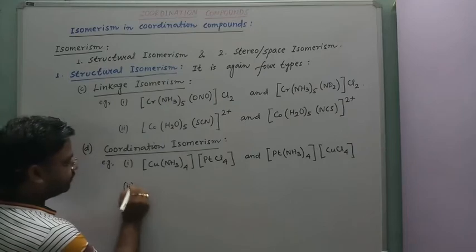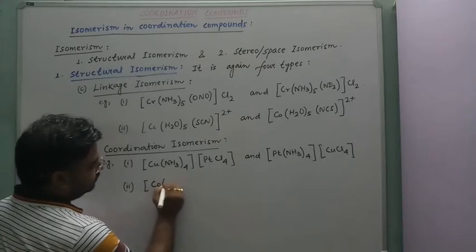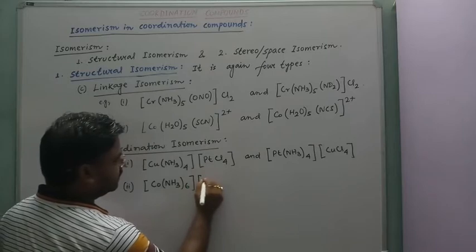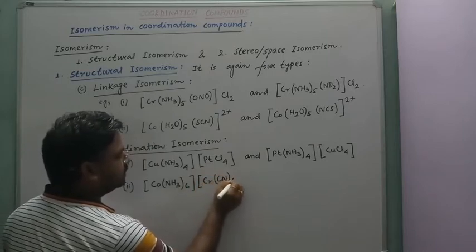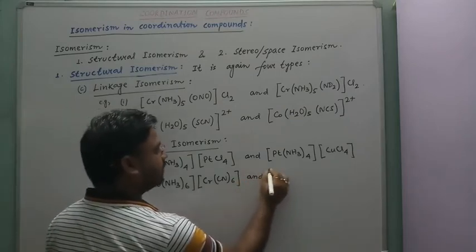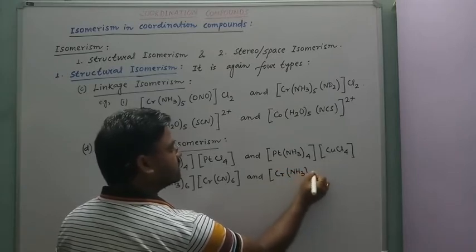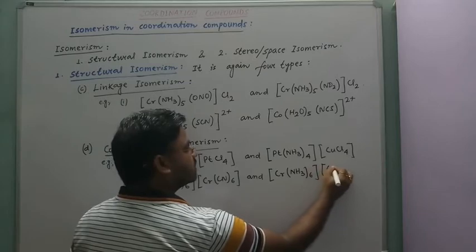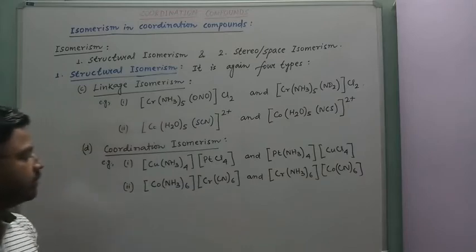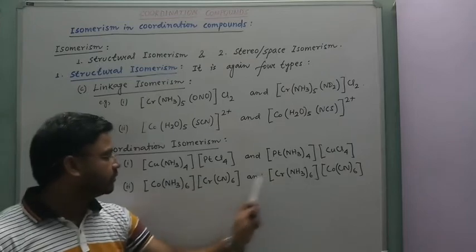Another example, [Co(NH3)6][Cr(CN)6] and [Cr(NH3)6][Co(CN)6]. So here you can say only just central atom has been changed, everything else is the same.